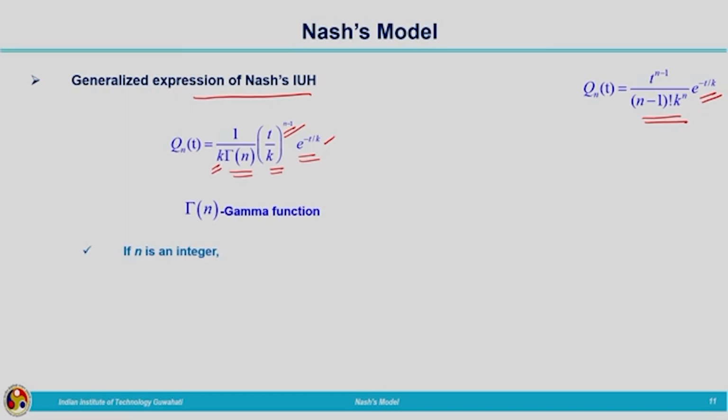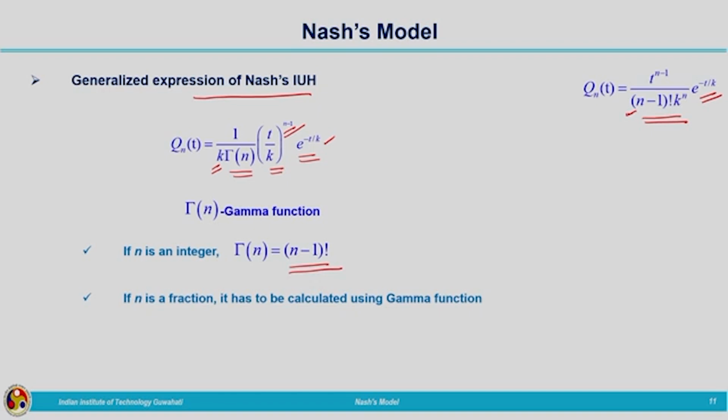If n is an integer, gamma n can be written as n minus 1 factorial, which is the one we have derived, and it can happen that n is a fraction also. So, it has to be calculated using the gamma function. The gamma function provides a table corresponding to different values of n, from which you can get the value.